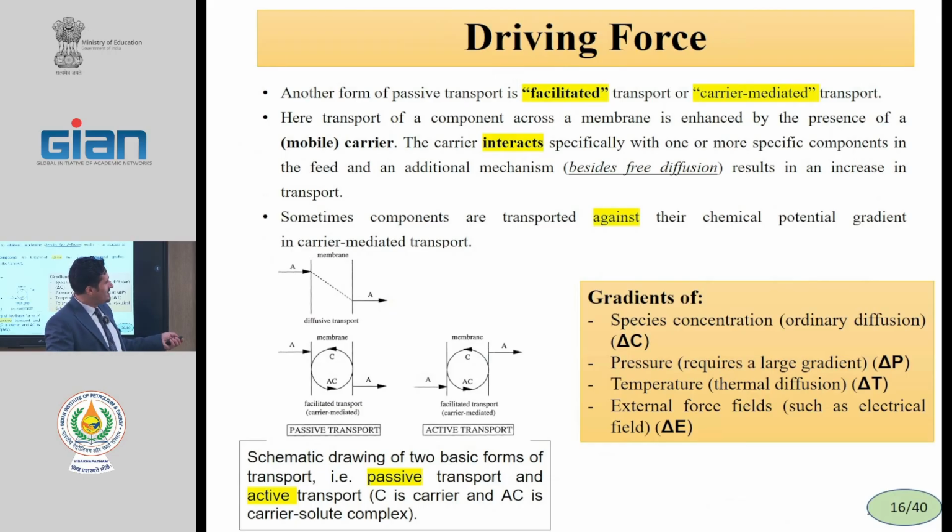For this attachment and release, we need a change in response. For example, here we have pH 8. Here in the permeate side, we have pH 4. With change of the pH, this carrier can complex with metal, and with reducing the pH it can release.